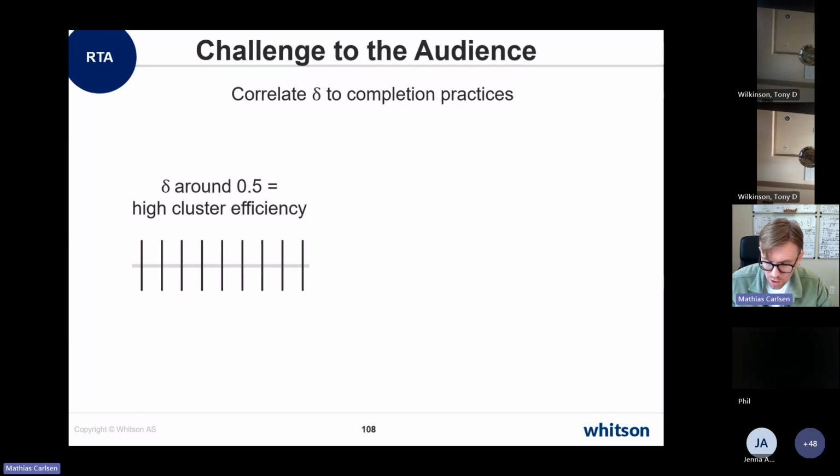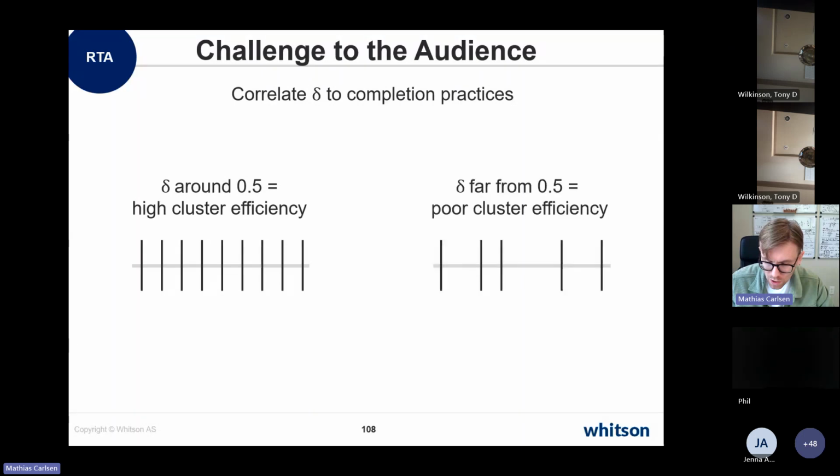If you have a delta that's very complicated and you see a lot of delta progression and changes over time, it might indicate that your cluster efficiency is something else. So that's maybe a little homework for some of you if you're interested in trying to tie some of this stuff to completion practices.